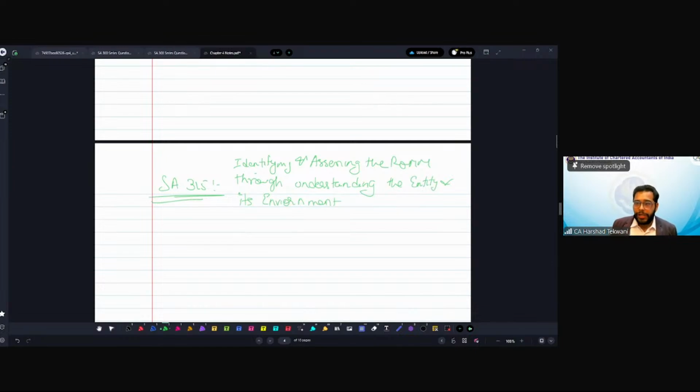Now the question comes to perform the risk assessment of the entity. How will you perform that? We have discussed this particular part in detail, don't worry.